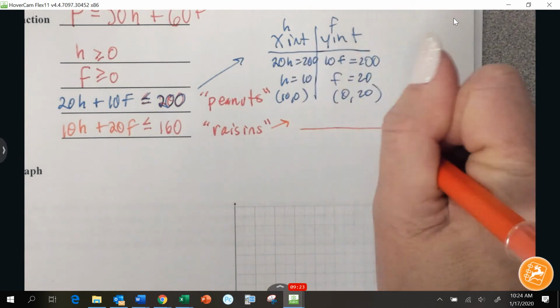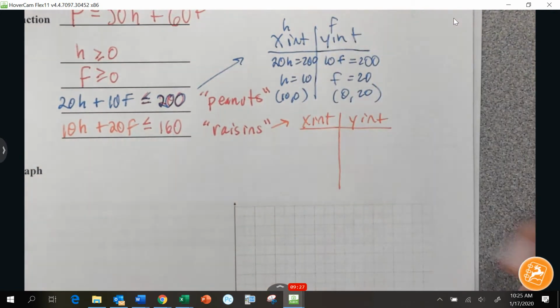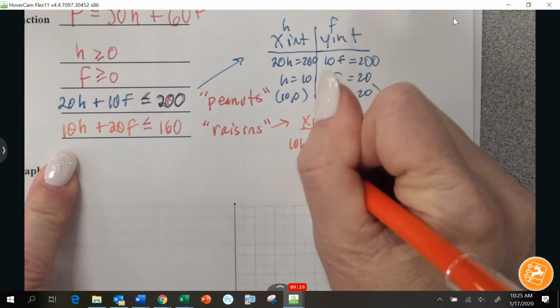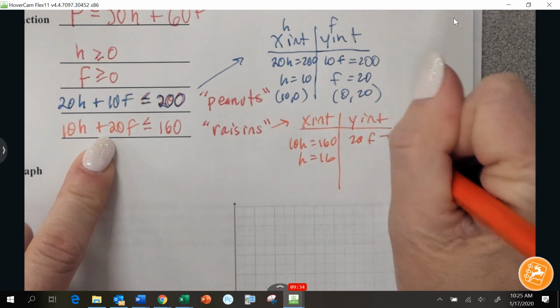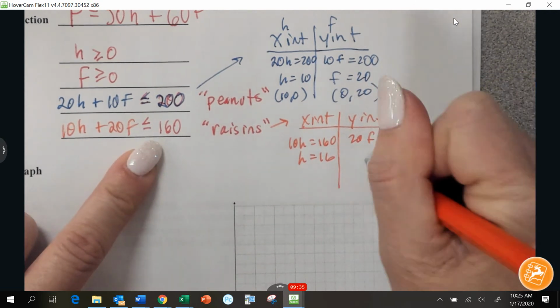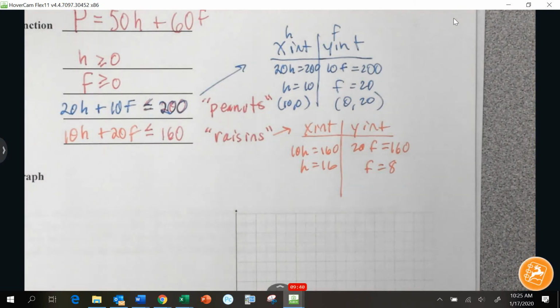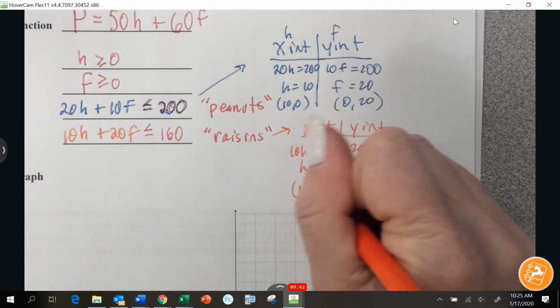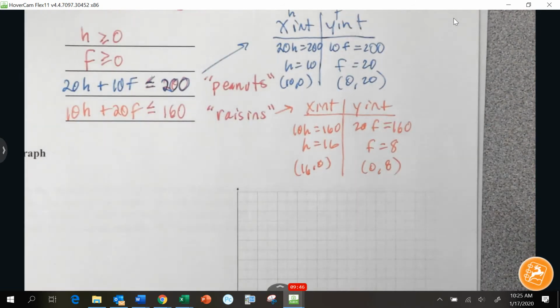So raisins: 10H equals 160, so H is 16. 20F equals 160, so F is 8. So now when I start drawing my graph, I just need to make sure all these numbers fit.